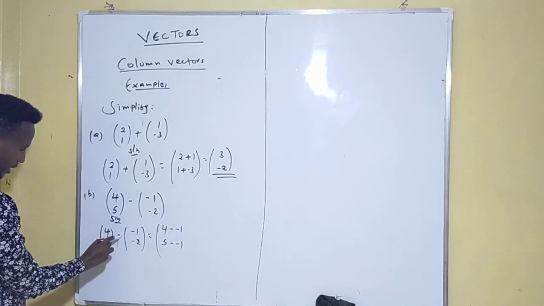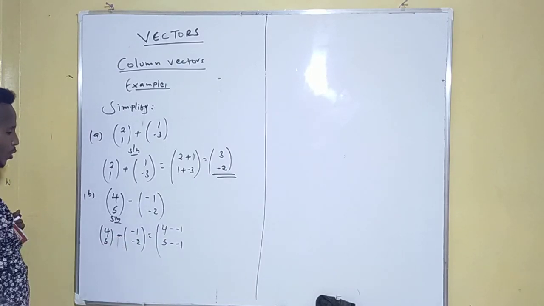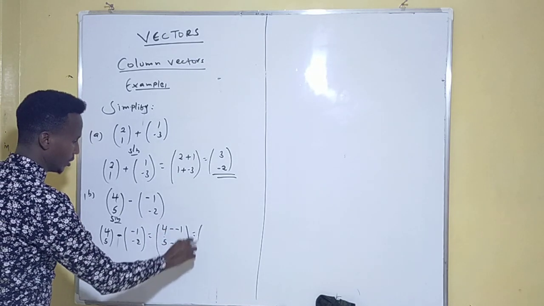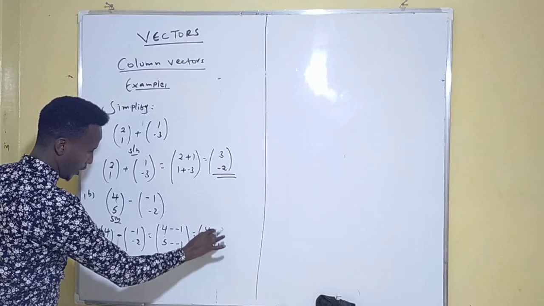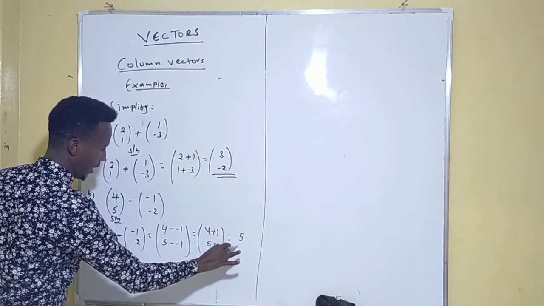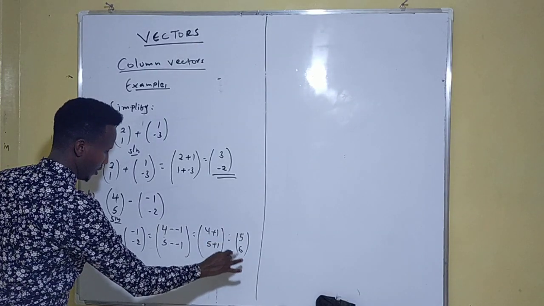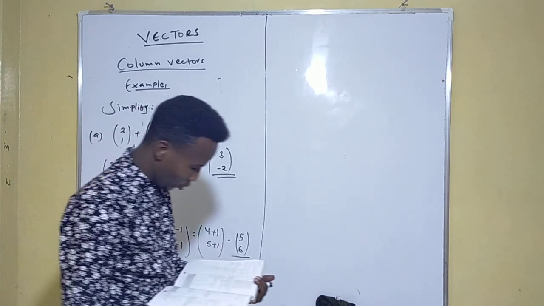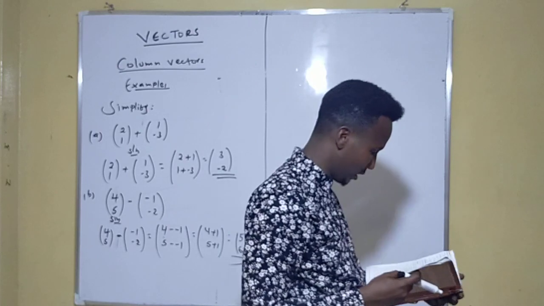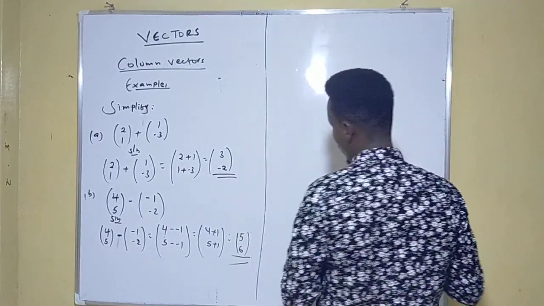Remember we have minus in between the two, and in the bracket we have minus. So this gives us 4 plus 1, 5 plus 2, which gives us (5, 7) as the final answer. That's how you're going to solve anything concerning this kind of vector.